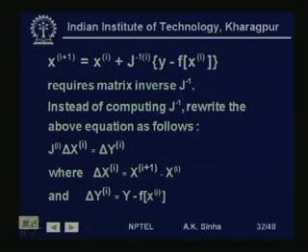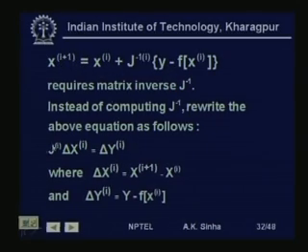Therefore, we can arrange this equation in a different form like this, that is J into delta x is equal to delta y, where this term is delta y and this minus this is delta x.